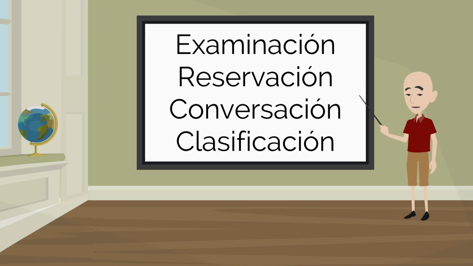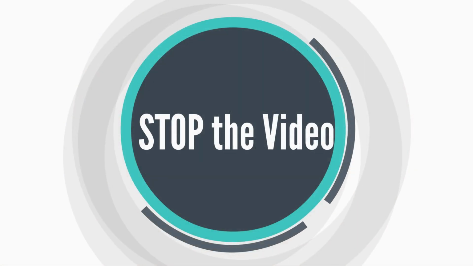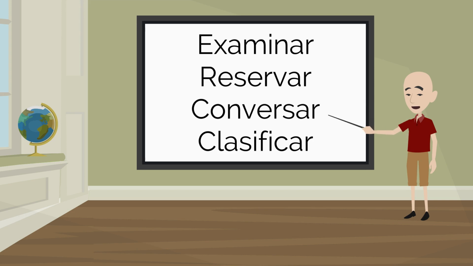Now I want you to turn these 4 Spanish nouns into Spanish verbs. First of all, look at them carefully and make sure you can actually make every one of them a verb. Stop the video now while you write your answers out. All right, here are our answers.